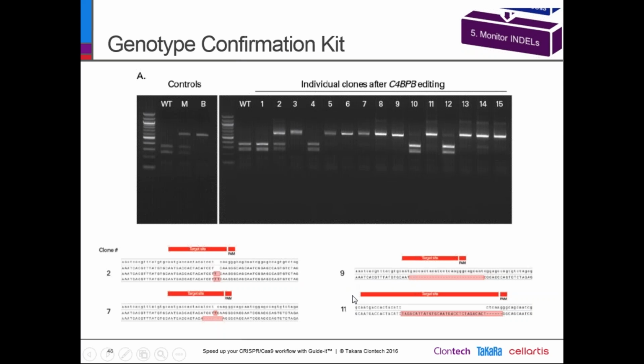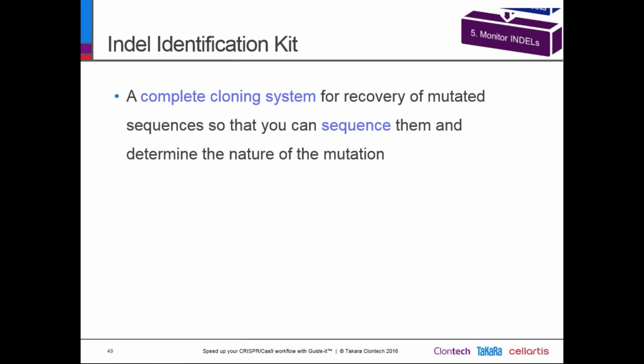So to really distinguish whether a clone is homozygous or heterozygous, as I told you, you would need to do sequencing. And for this, we also have a kit, and this is the last kit I would like to present you. It's the so-called indel identification kit.